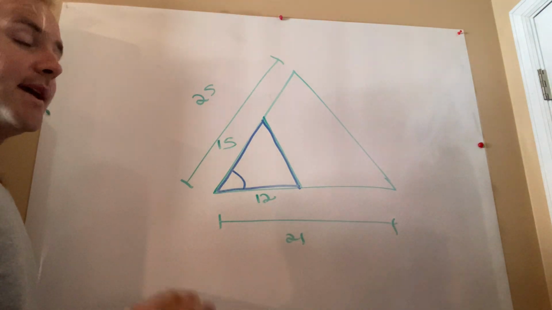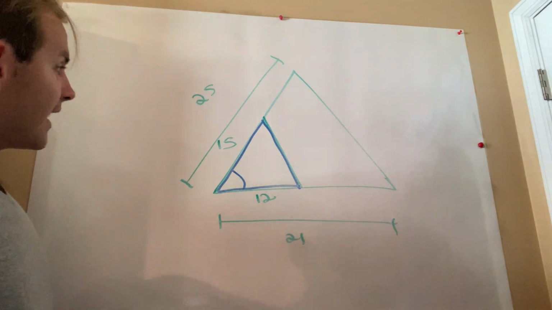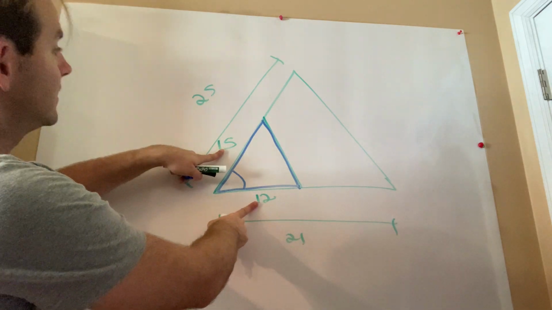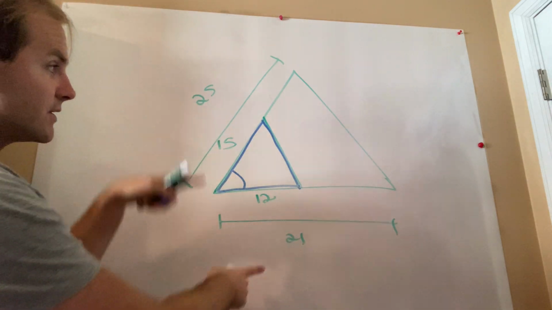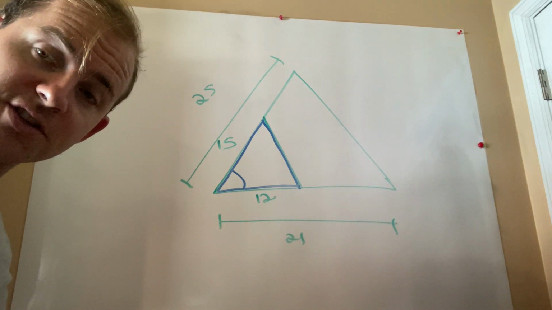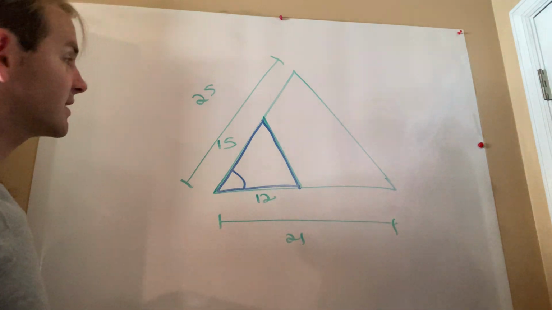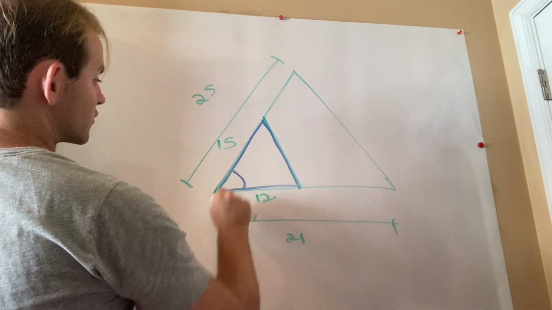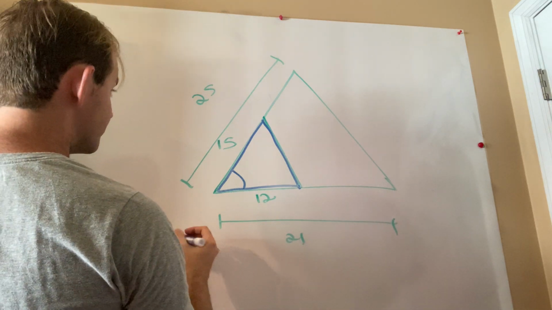All right. Now, I have that angle in common, and notice, for the blue triangle, I have two sides on either side, and for the green triangle, I have two sides. So what we want to do is we want to set up the proportions, just like we did for SSS, and we want to check to make sure they're the same. Let's do that. What's the smallest number in this triangle? That would be 12, right?